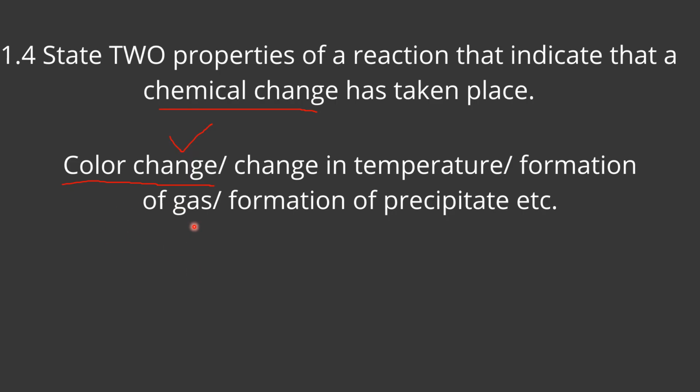At other times, you form something called a precipitate. You add two liquids together, and when you look at the bottom of your beaker, you see some whitish solid substance. We call that the precipitate, and that informs you that a chemical change has taken place.